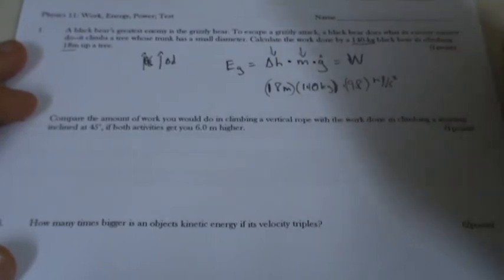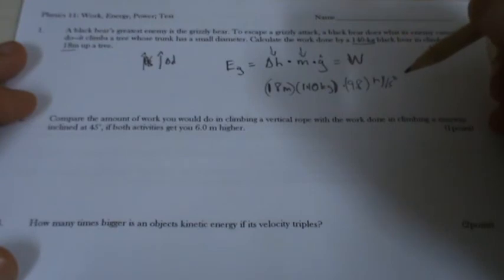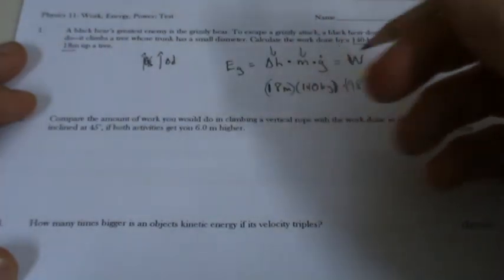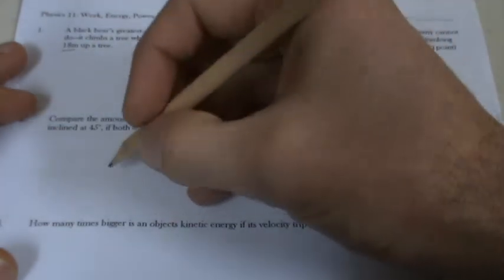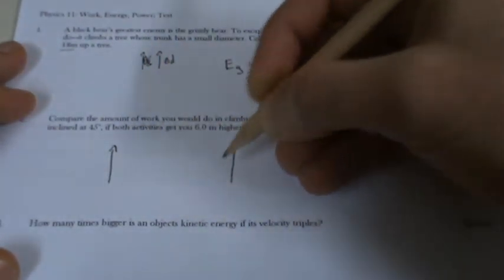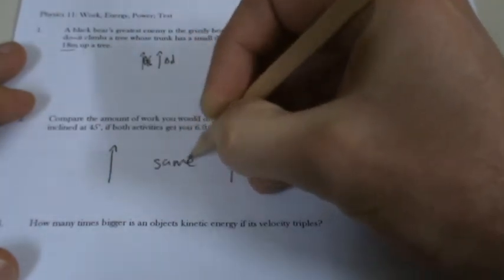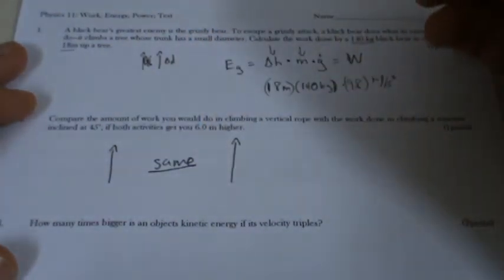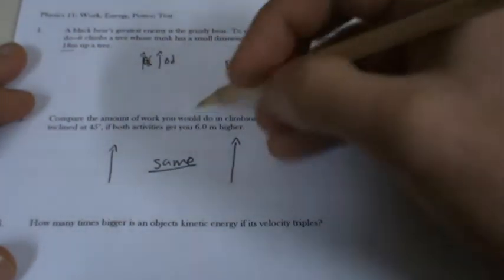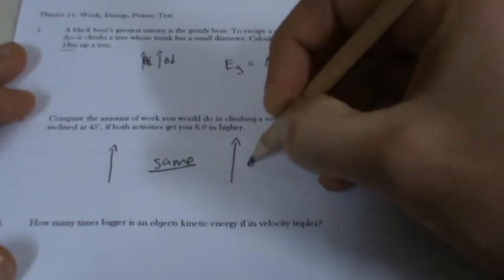Now compare the amount of work that you do climbing a vertical rope with the amount of work that you do climbing a stairwell that is at a 45 degree incline, if both activities leave you 6 meters higher in the end. Again, the only important part is the fact that you go up. So in the end, the amount of work done in both cases is the same, because you have both increased your height by 6 meters.